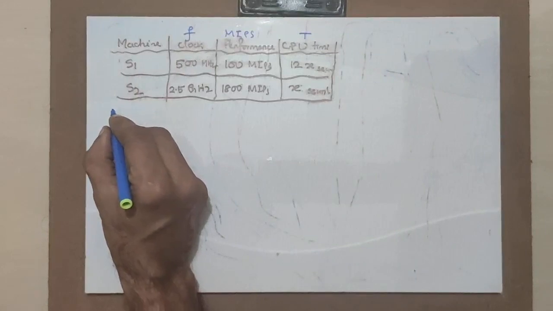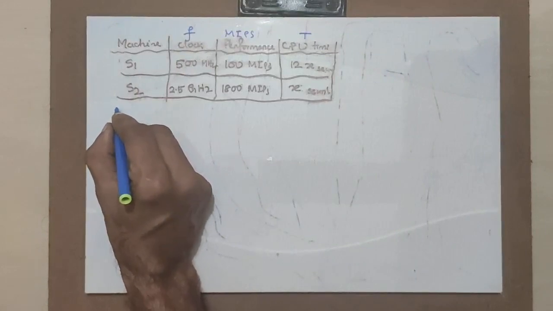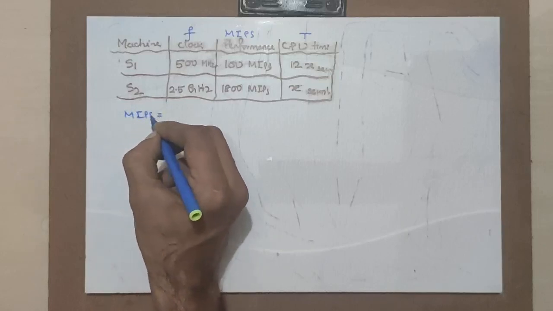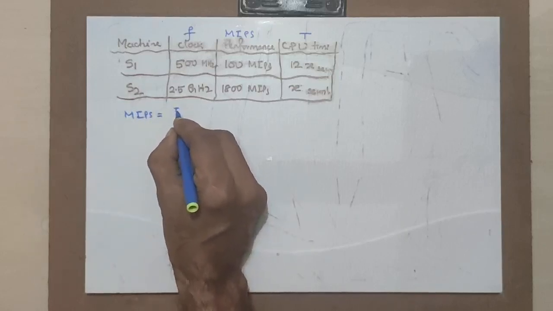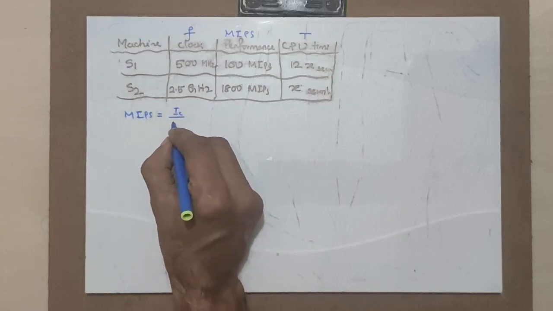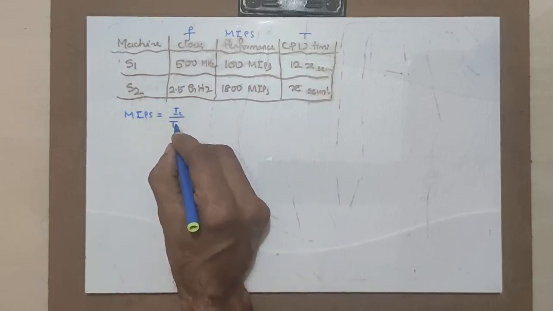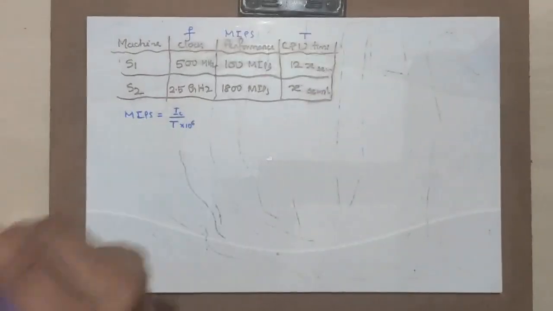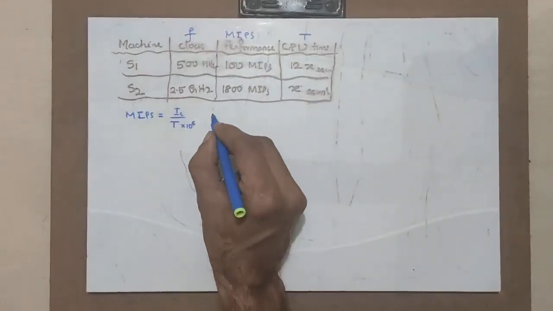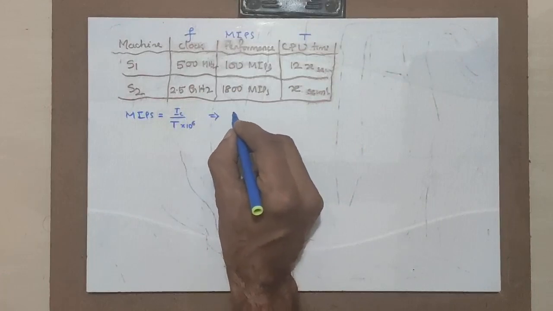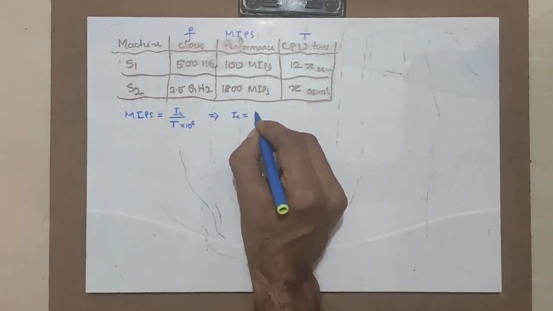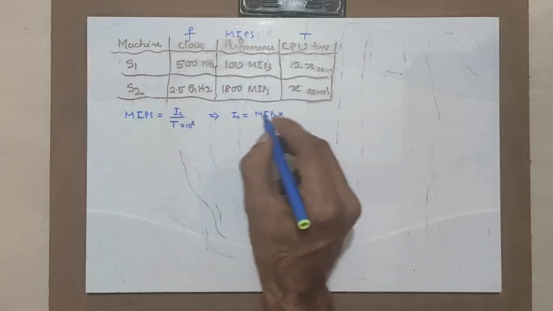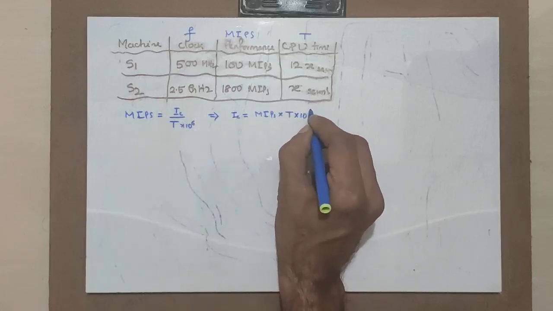First is instructions count. You know that MIPS rate is given by total instructions divided by total CPU time, and there is a 10 raised to 6 factor here so as to account for million instructions per second, isn't it? This implies that instruction count is given by MIPS rate multiplied by T into 10 raised to 6.